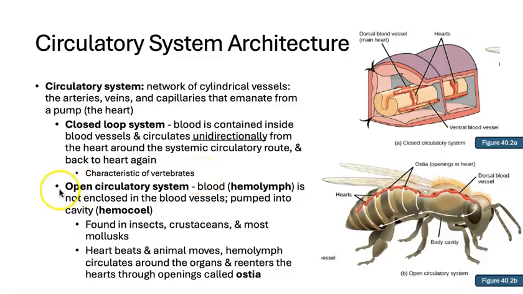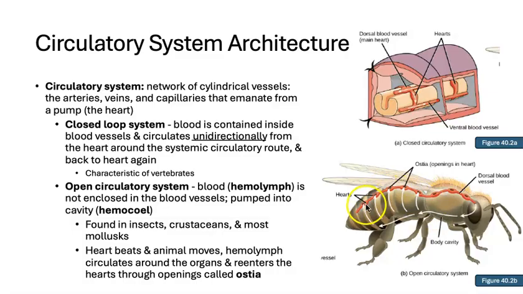Our invertebrates have more of the open circulatory system. Their blood is called hemolymph, and it's not enclosed in blood vessels like we see within our body. Instead, it is pumped into a cavity known as a hemocoel, and these are found in insects, crustaceans, and most mollusks.